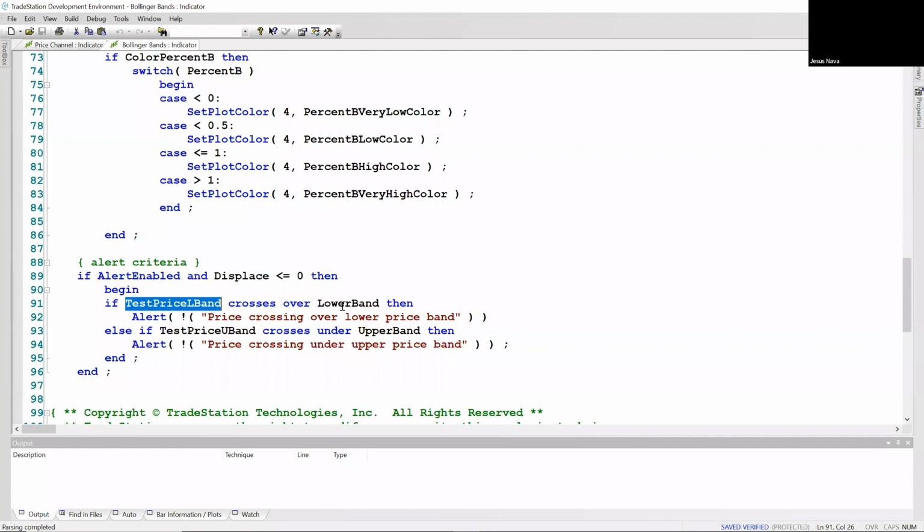So in this particular case, the security must have been at this extreme first and then returns inside the channel. That's what the Bollinger Band alerts you on, because now it says it was oversold at one point, but now it's returning from an oversold condition. So it may continue to go up now. That's a bullish signal.